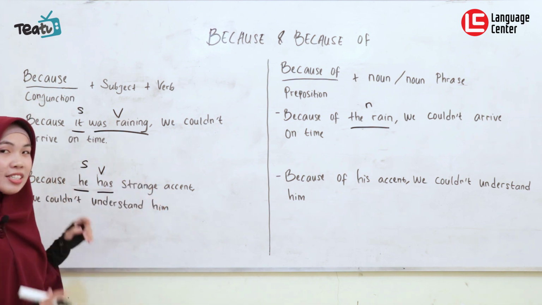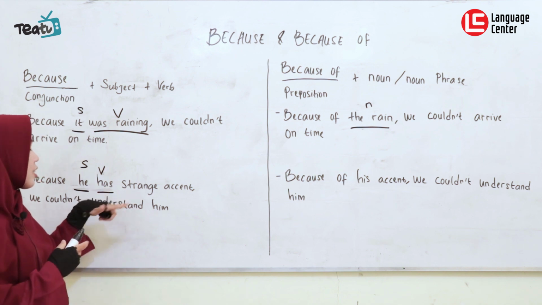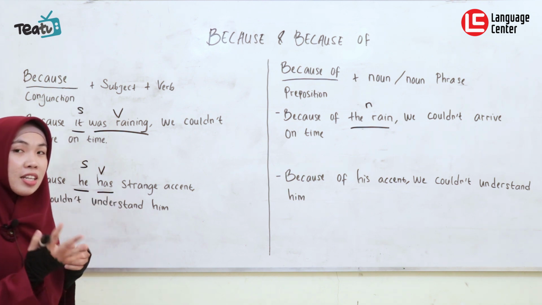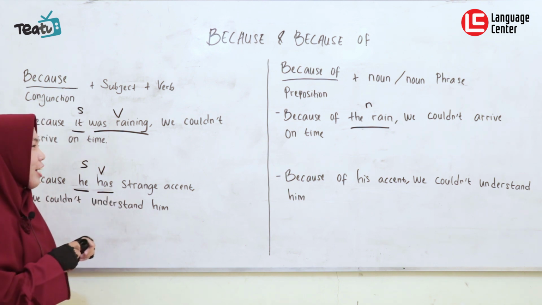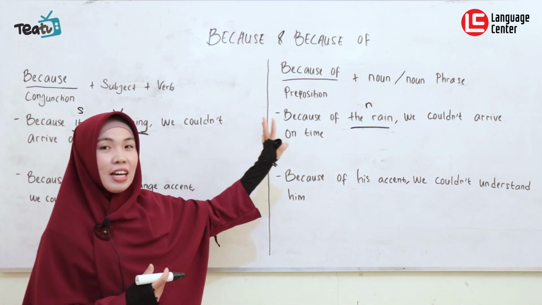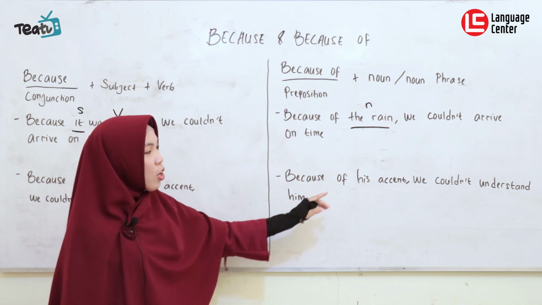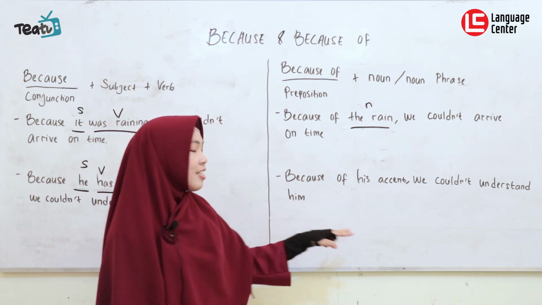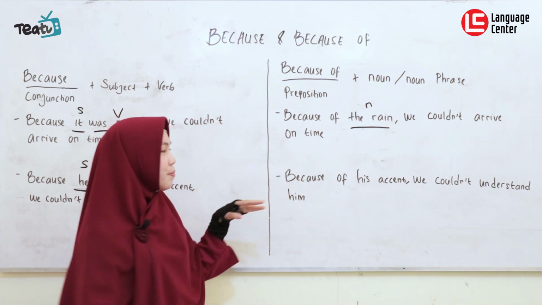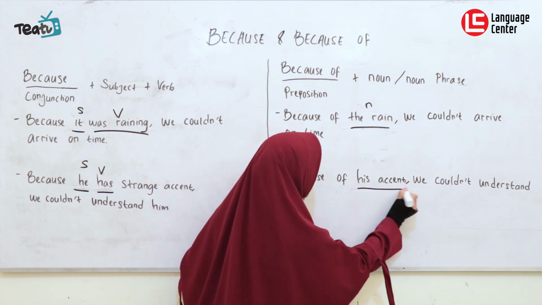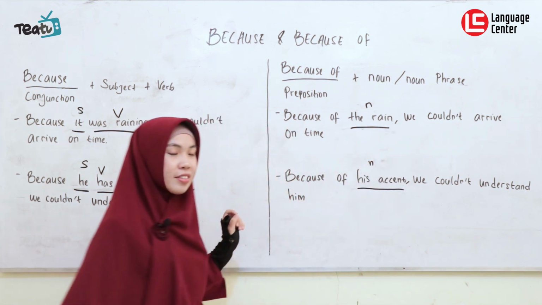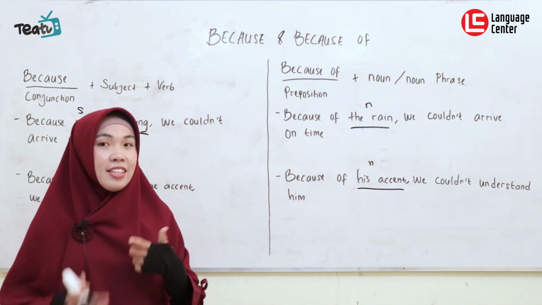Or in Bahasa, karena aksennya aneh, kita tidak bisa mengerti apa yang dia katakan. Okay, good. And for because of, the second example: Because of his accent, we couldn't understand him. Which one is the noun? This one is the noun. The meaning is the same.